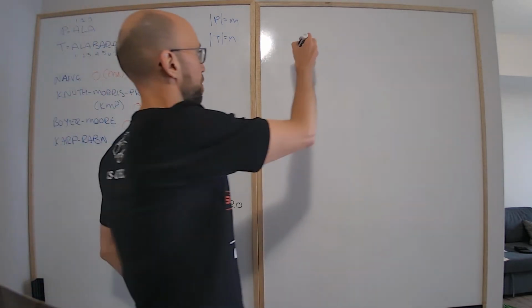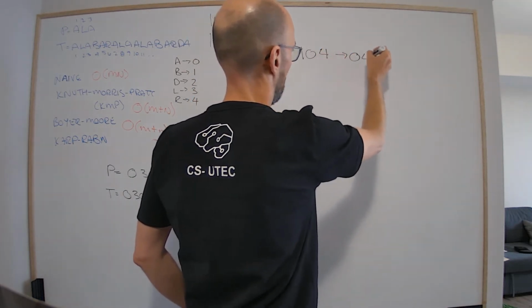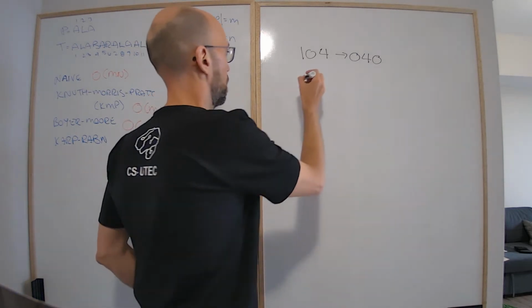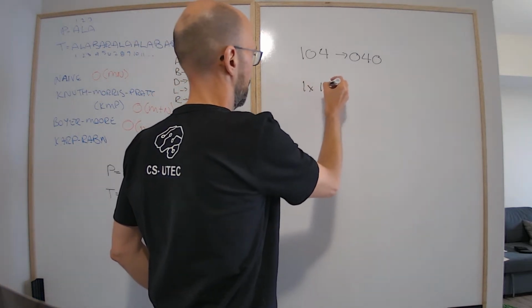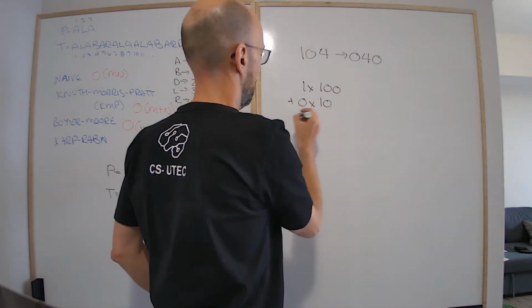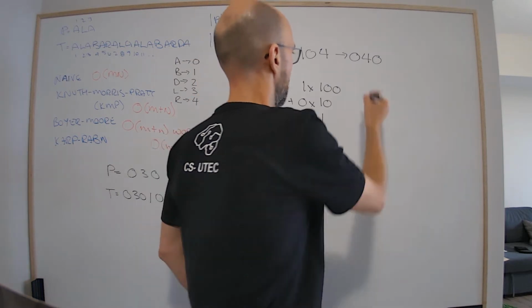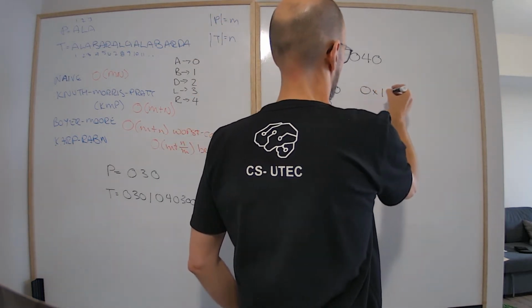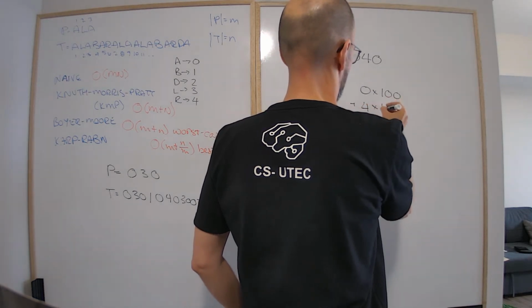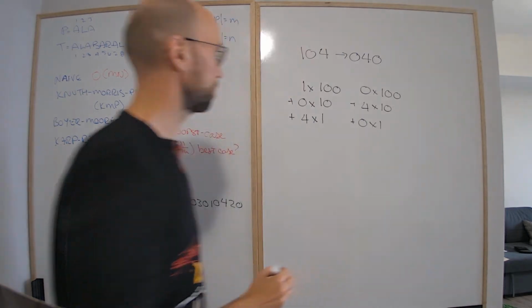Well, to map from 104 to 040, this is 1 times 100 plus 0 times 10 plus 4 times 1. And this is 0 times 100 plus 4 times 10 plus 0 times 1.